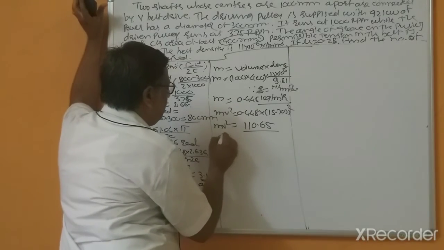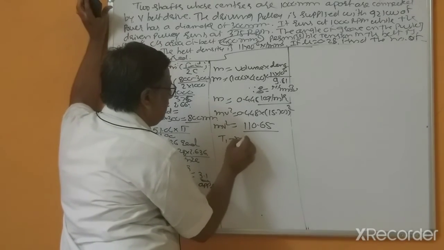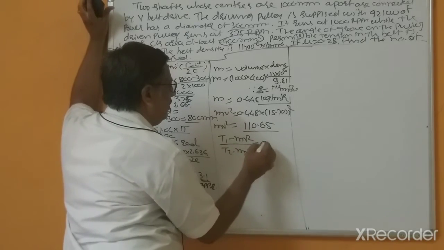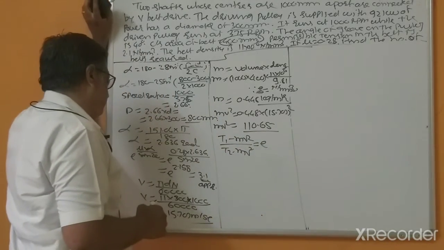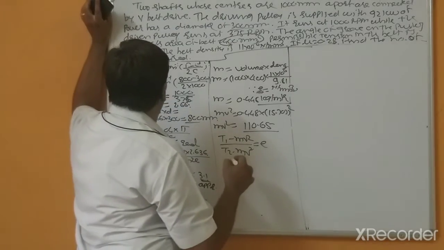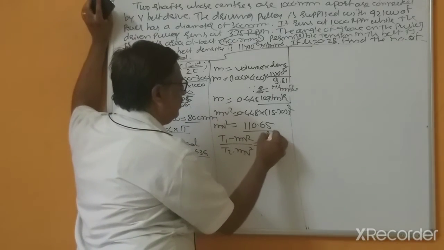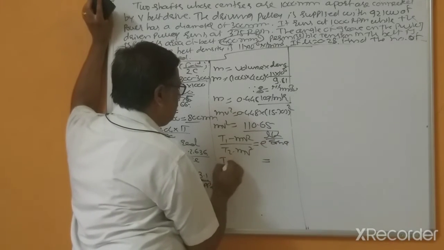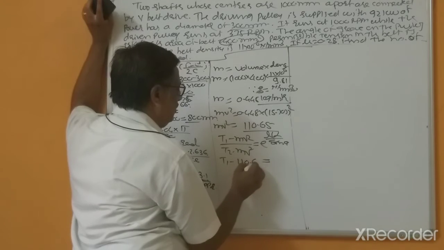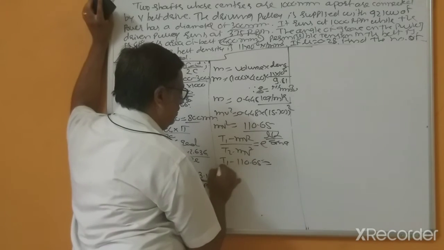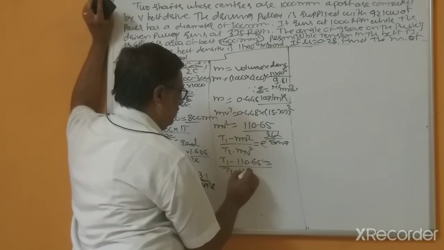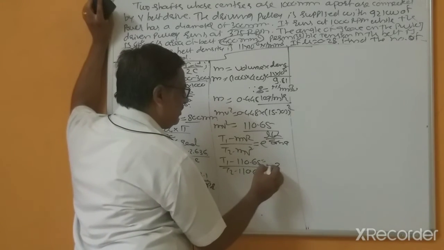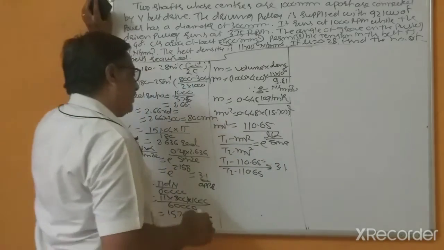Now by using the relation (T1 minus mv square) divided by (T2 minus mv square) equal to e to the power mu theta, or mu alpha divided by sin theta. So this is T1, T2, and this is equal to, we consider approximately 3.1.